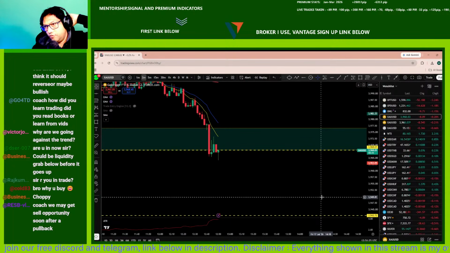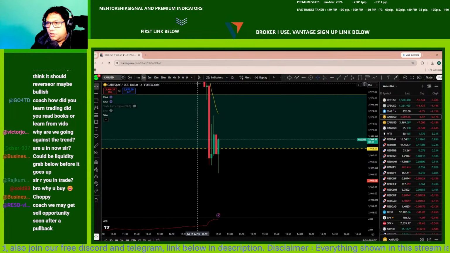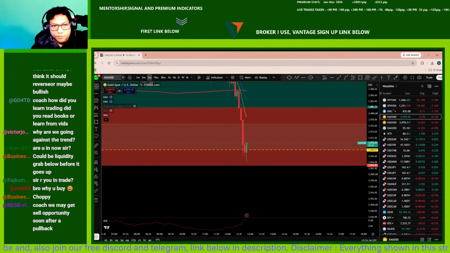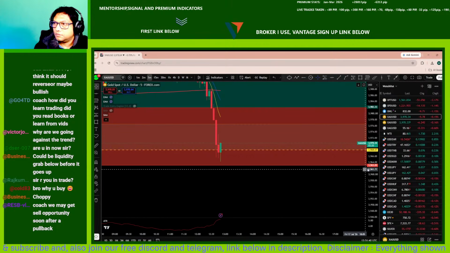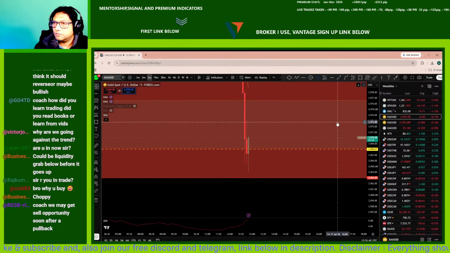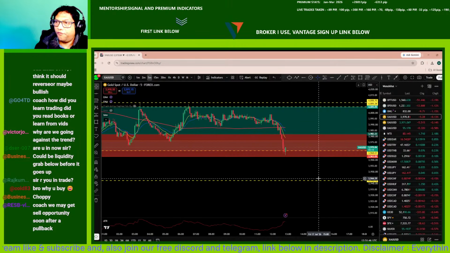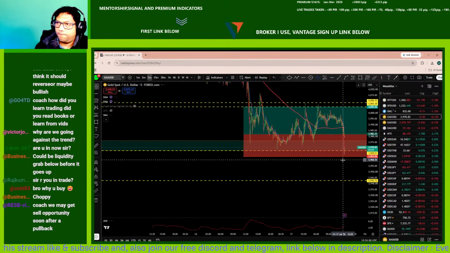Okay, let's say we can see a reaction of this support area with buying pressure. The market is at a very critical level. If it bounces off, it can go straight back way above.